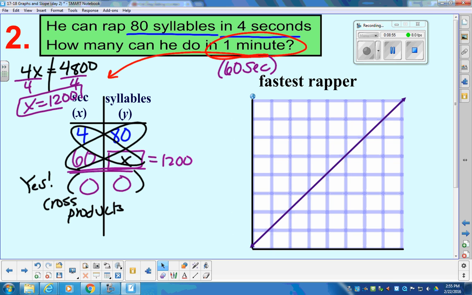Go ahead and catch up. I'm going to take some notes at the same time. Okay, as we start to solve them, we have x1, x2, y1, y2, finding the slope down below.